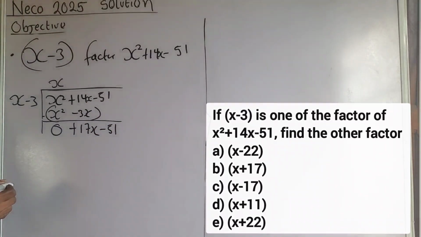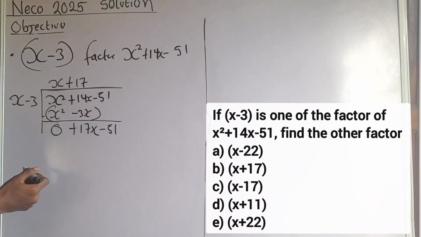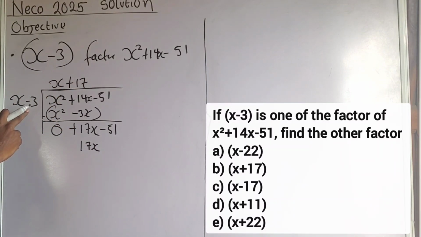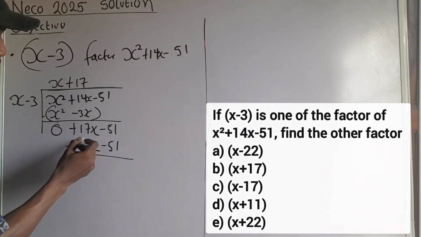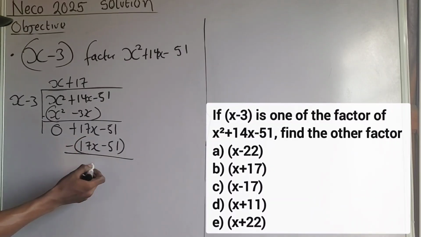Do you understand? Okay. So you are still going to repeat the same process. x divided into 17x, that is what? Plus 17. Use this 17 to multiply this. 17 times x, that is what? 17x. 17 times negative 3, that is what? Minus 51. Okay. So subtract this from this. 17x minus 17x, that is 0.